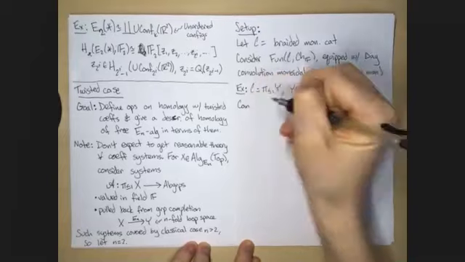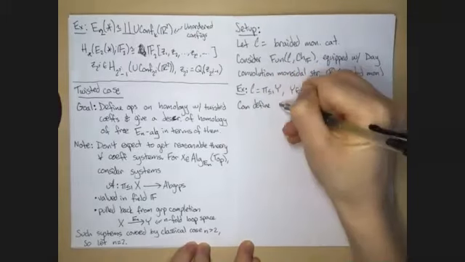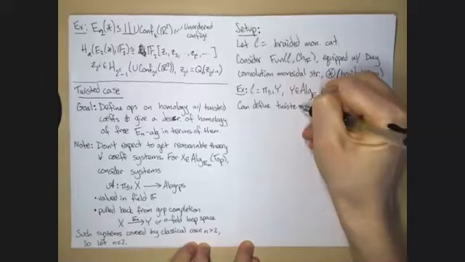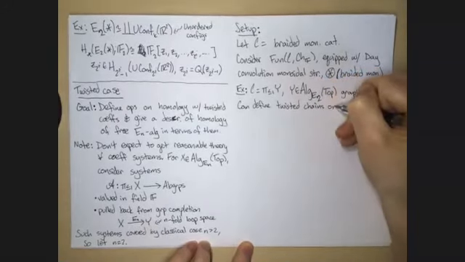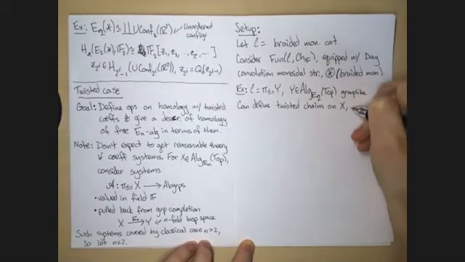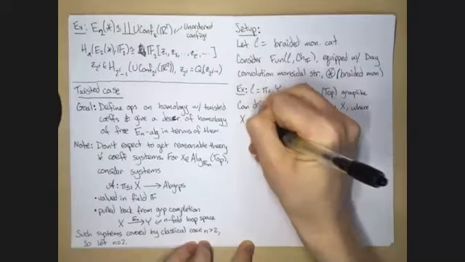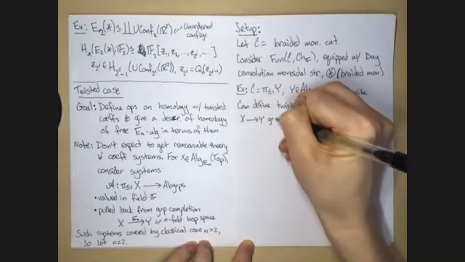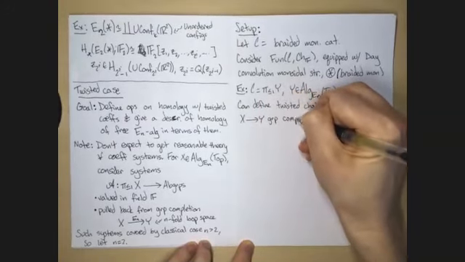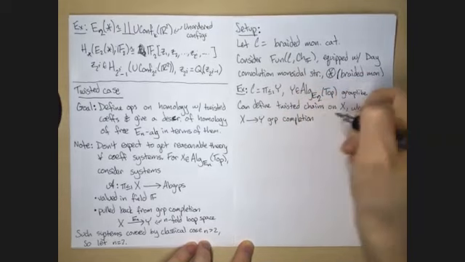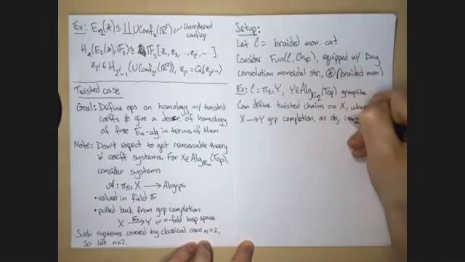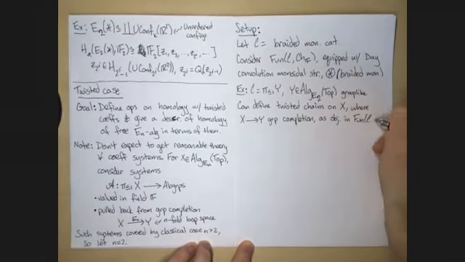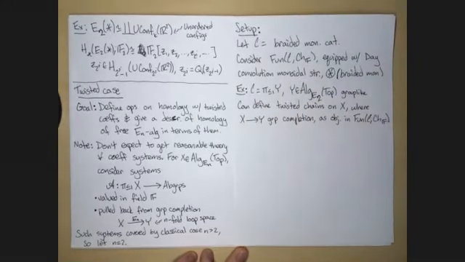And now we can define twisted chains on X. If X is as over here on the left, and we have some coefficient system, so again, where X to Y is a group completion, so Y is group completion of X, we can define twisted chains on X as some object in this functor category from the fundamental groupoid to chains on F. I won't say explicitly how, but it's not so hard to do this.